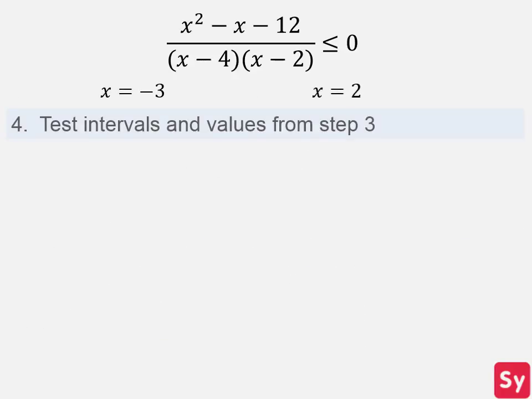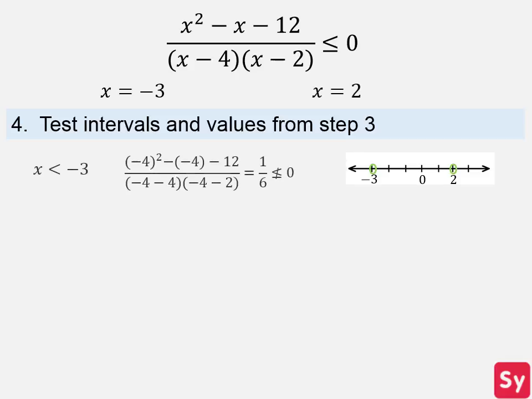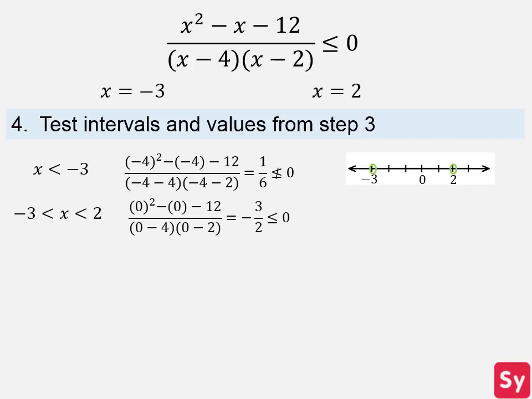Finally, we test intervals and values of x from step 3. Here's our number line marked with negative 3 and 2. We test x is less than negative 3. We use negative 4 as our test point and see that 1/6 is not less than or equal to 0. So this is not a solution. Next, we test negative 3 is less than x, which is less than 2.